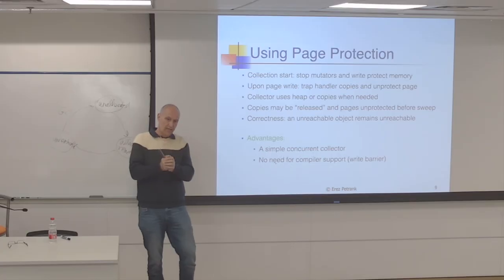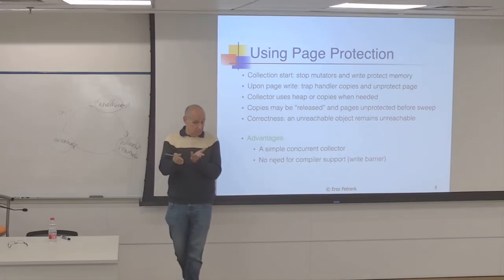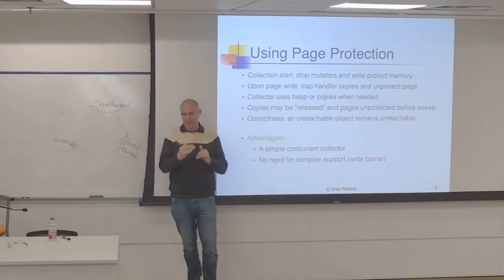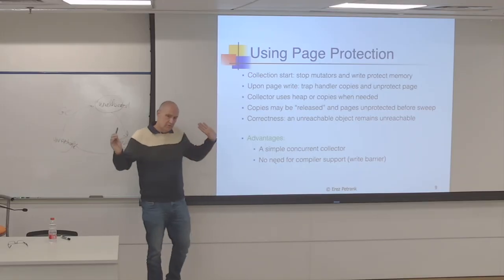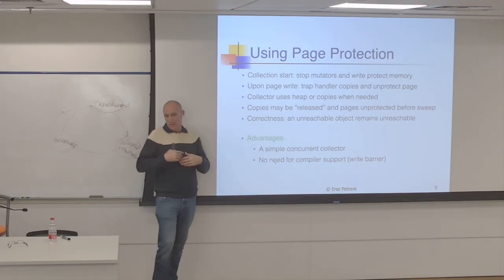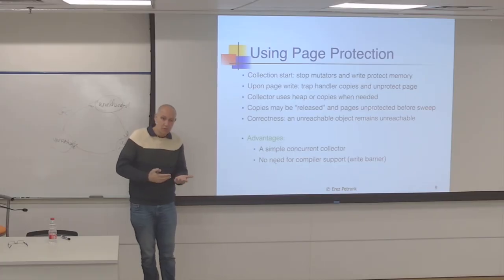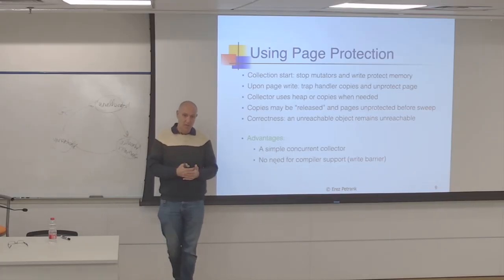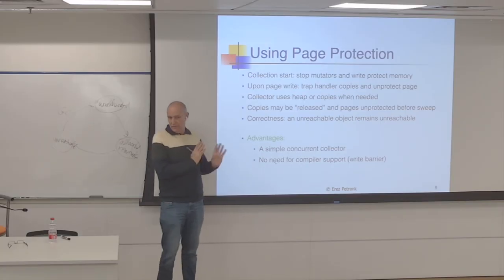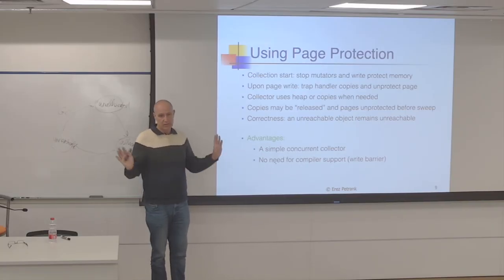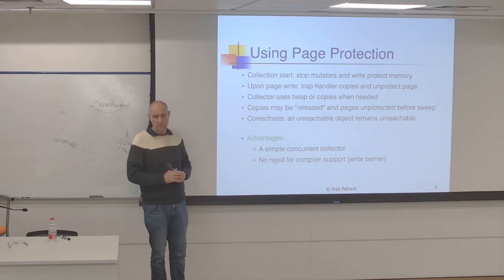Whenever there is a write of a pointer, you want to have your code executing. And here you don't need to understand the compiler at all. That's a simplifying condition. It's something that's good for you. You just put a trap handler, and then you don't need to do anything with the compiler.